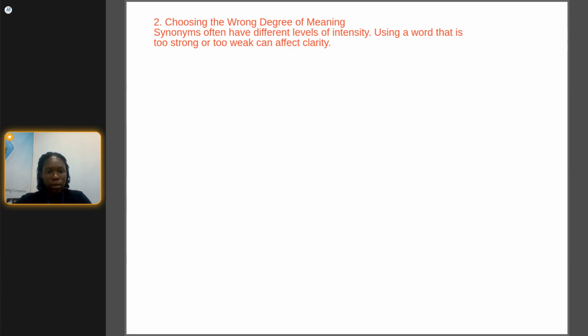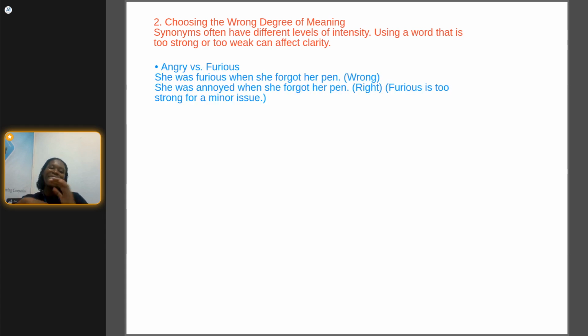All right, now these words are synonymous, but the intensity is different. Furious is a stronger word than angry. Now look at the sentence. She was furious when she forgot her pen. I mean, furious is too strong for this kind of sentence.